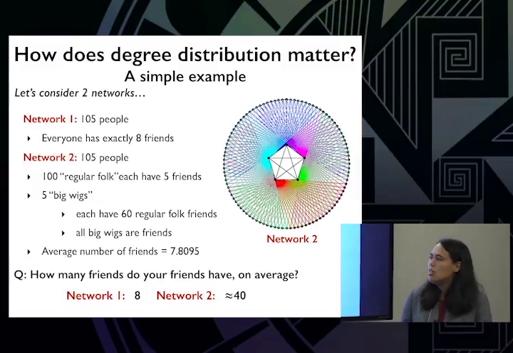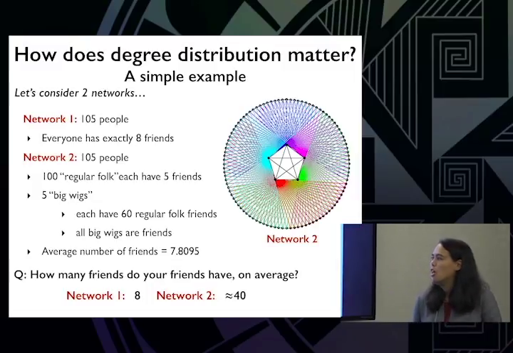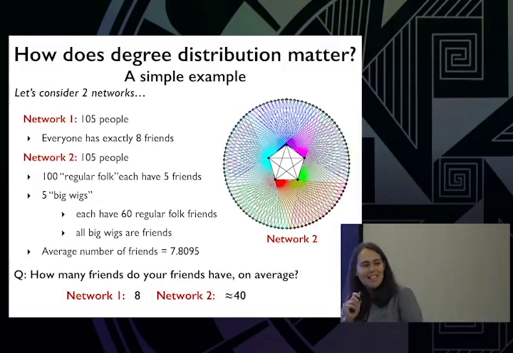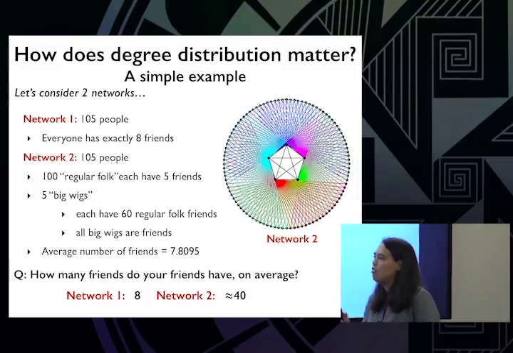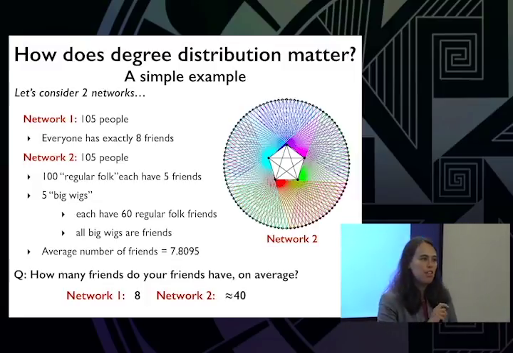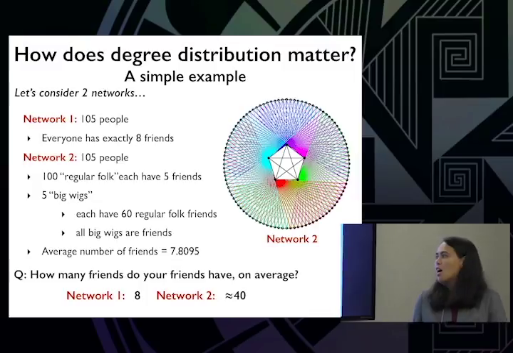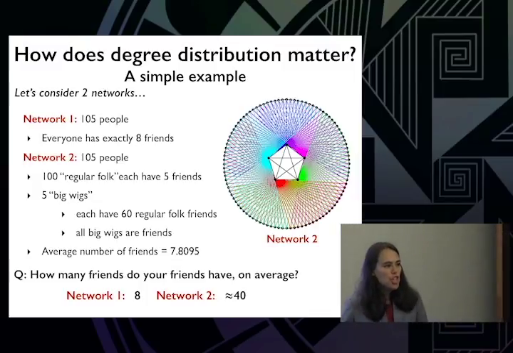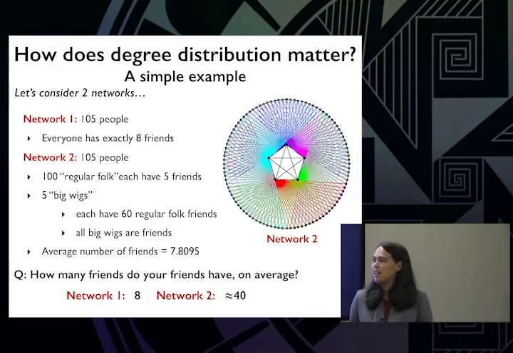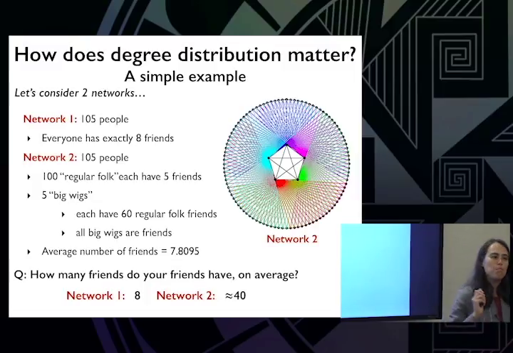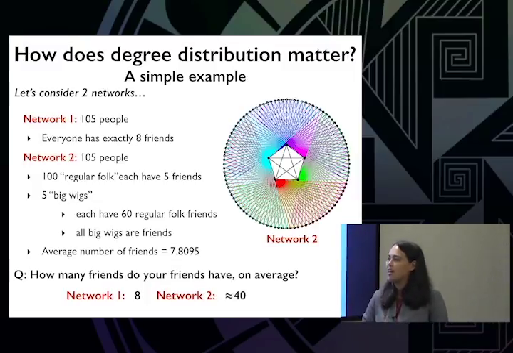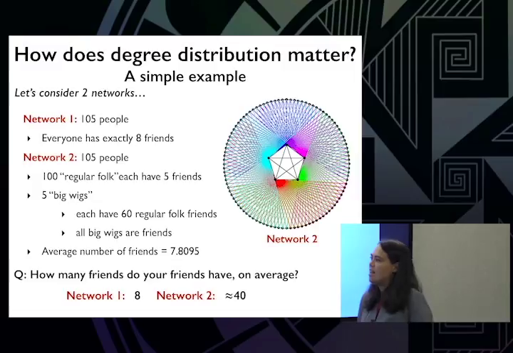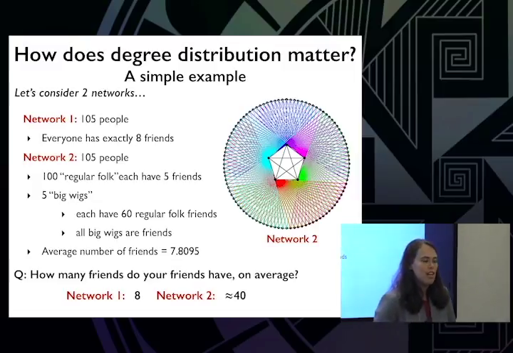Network 2 has 105 people, but there are 2 classes of people. I have 100 regular folk, and each of them has 5 friends. In addition, I have 5 bigwigs, and each of these bigwigs has 60 regular folk friends. And all the bigwigs are friends with each other.